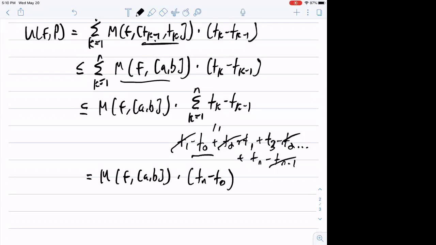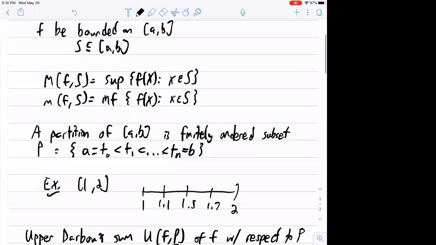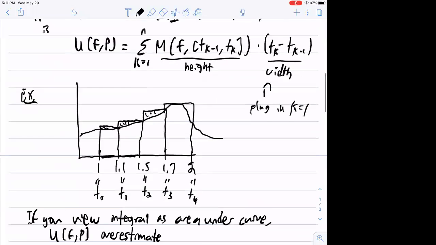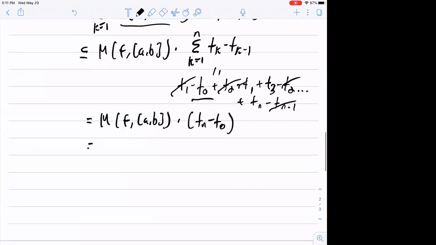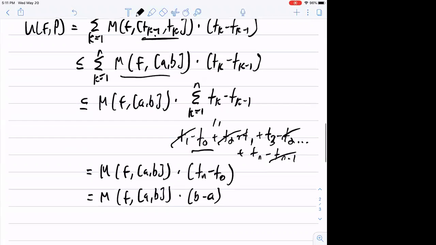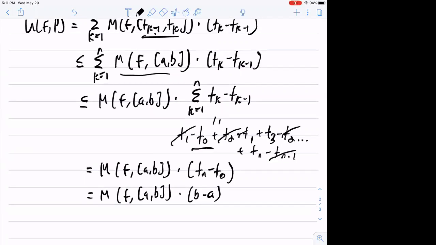But what's tn minus t0? tn is your last point, it's b. t0 is a, your starting point. So this is just M of f on [a,b] times (b minus a). So there's always a bound on this upper sum.